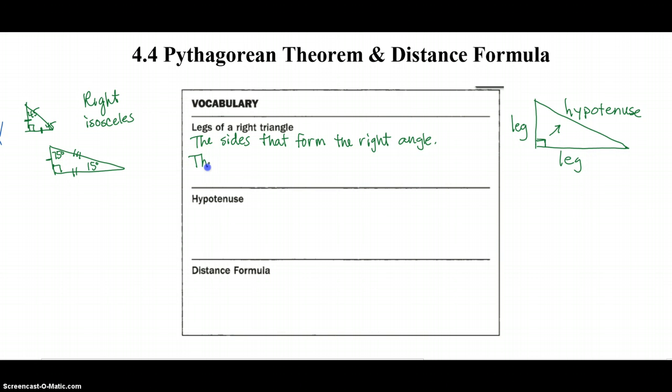They can be congruent, but don't have to be. And the hypotenuse, we just talked about the fact that it is always across from the right angle.